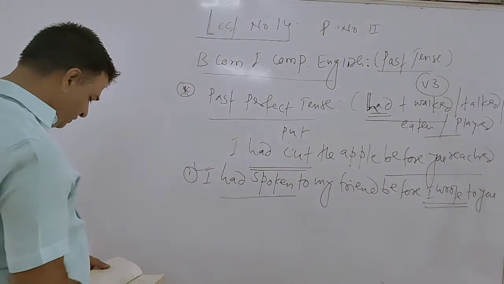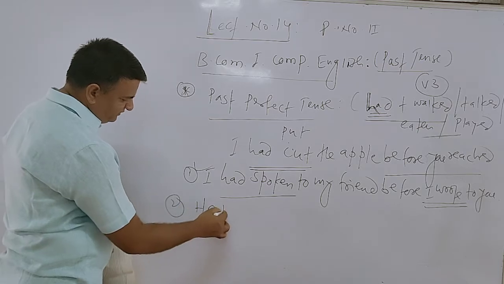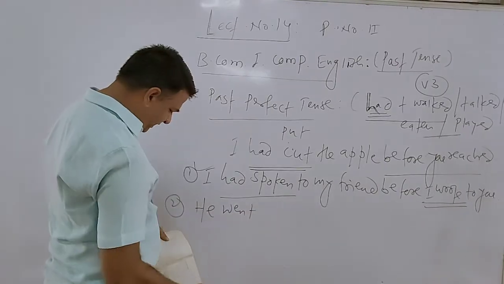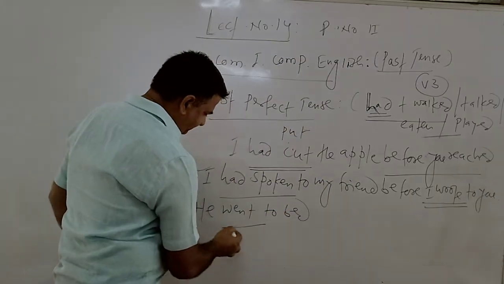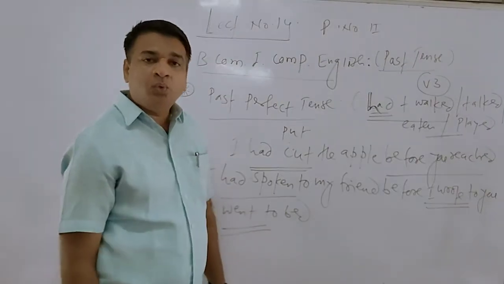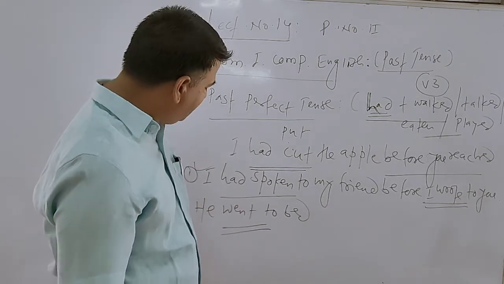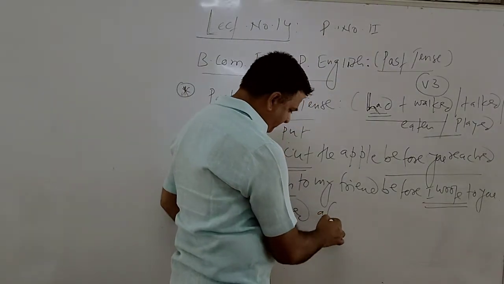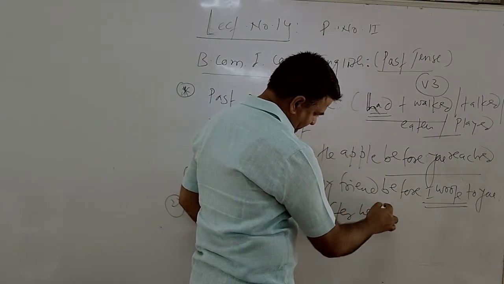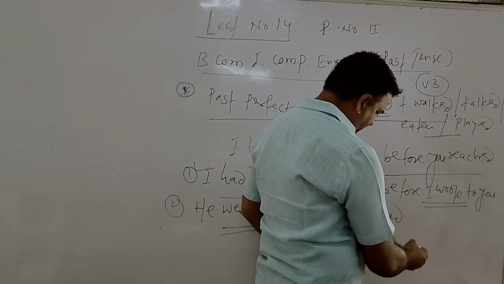Again we have another example of this type. He went to bed. Go, went, gone. क्रियापदाचं दुसरं रूप म्हणजे simple past tense. He went to bed after he had locked the front door.